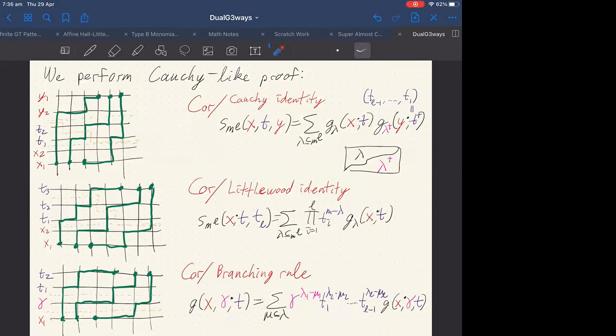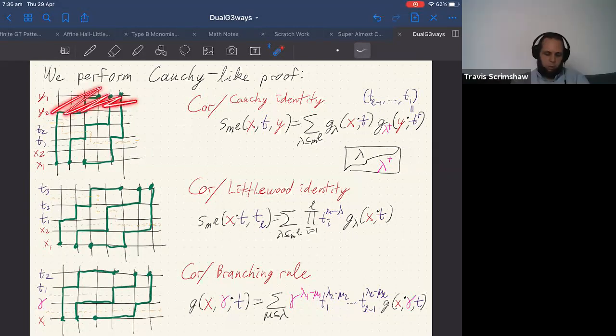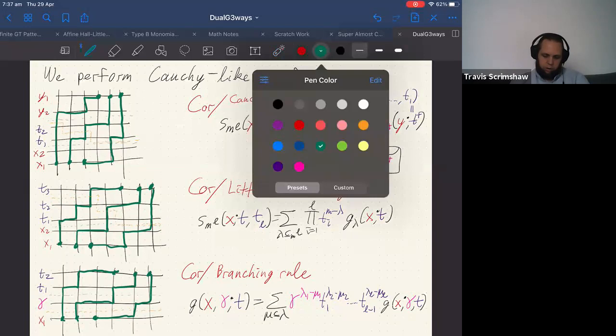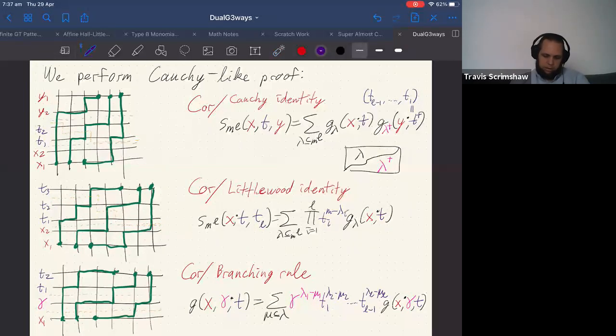And then we can play the exact same game where we forget about the y variables, and we get what's known as a Littlewood identity, where again we take our endpoints and kind of shove them over here, and we can take that exact same idea of cutting it, and then, well, we have these extra flat steps that are left over, and that's what gives us this extra factor of t out here.